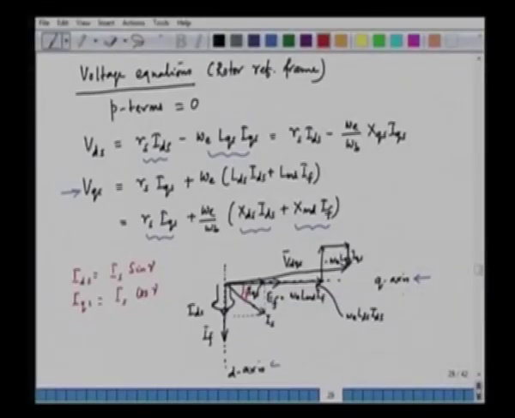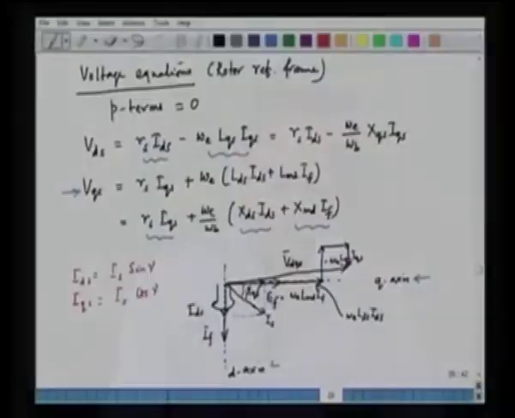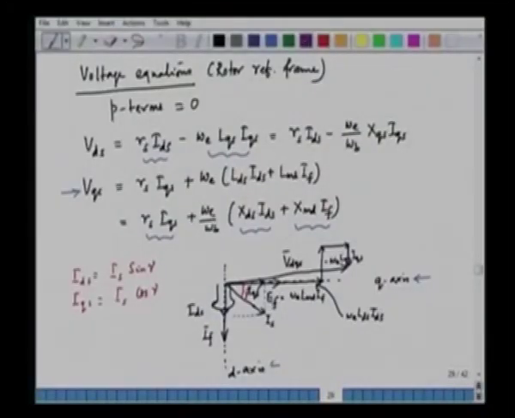Gamma is the angle between the stator current phasor IS and the q axis, which we have shown here. Now the purpose of this analysis is that we can find out the power factor here. The power factor angle is the angle between the applied voltage phasor and the current phasor. So this is the power factor angle, the angle between VDQS and IS, and this is equal to theta.